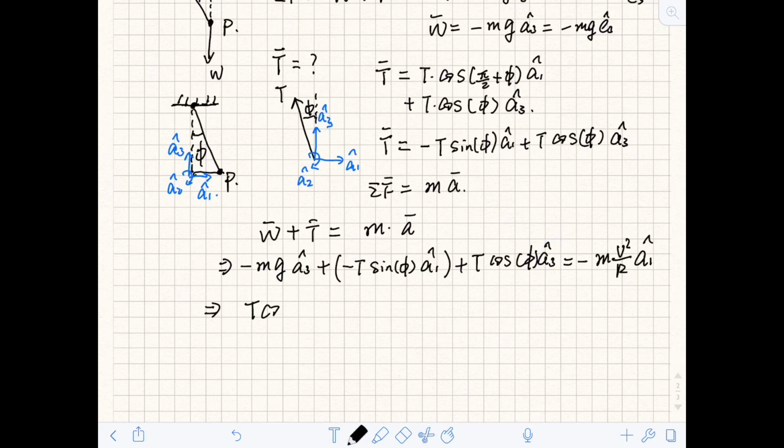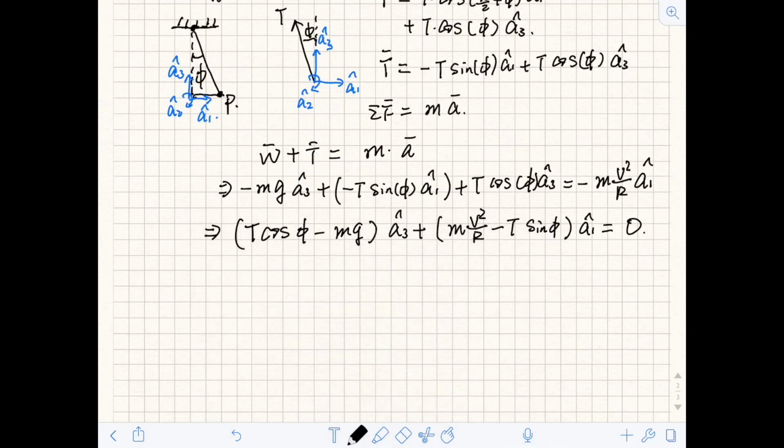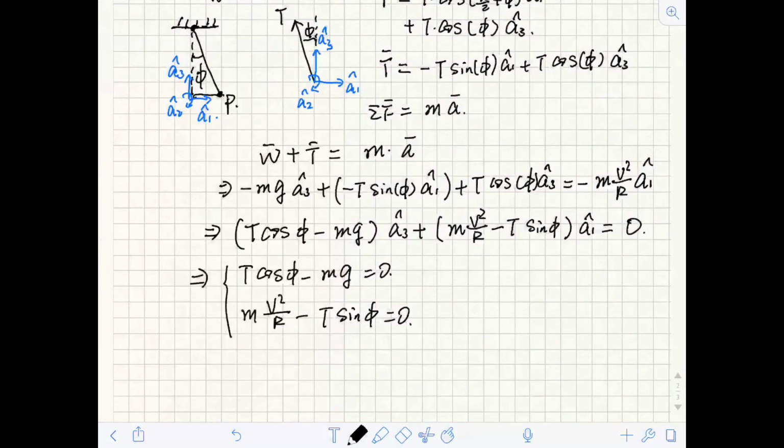You have T cosine phi minus mg in the A3 direction, and that is equal to 0. When we say the vector is equal to 0, that's equivalent to saying two things: the components are 0. This is equal to 0, and mv squared over r minus T sine phi equals 0.